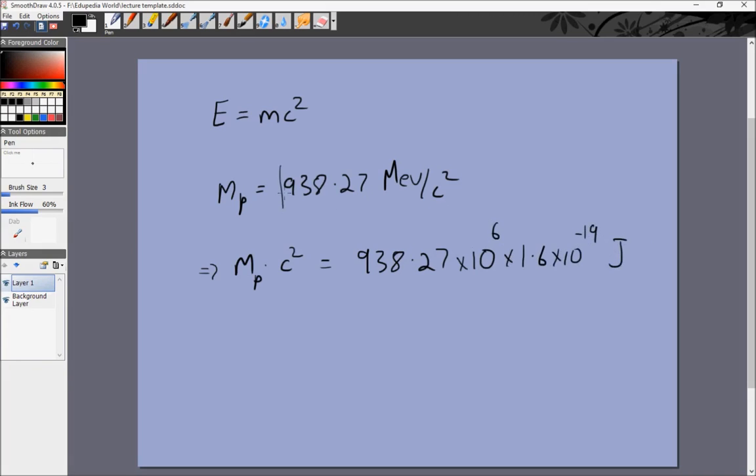So by specifying this particular thing, we can just take c squared to the other side and we know the rest mass energy of the proton, or this is just another way of telling the mass of the proton.